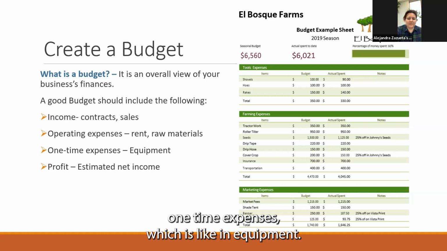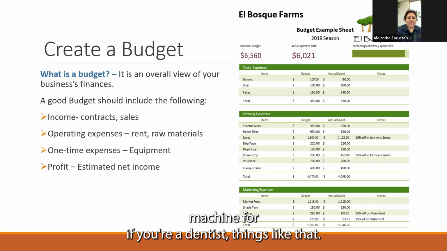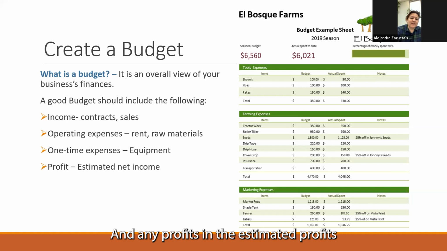You should have one-time expenses, which is like any equipment, if you're planning on buying, you know, a truck, anything like that, an X-ray machine if you're a dentist, things like that. And any estimated profits should also be included there.